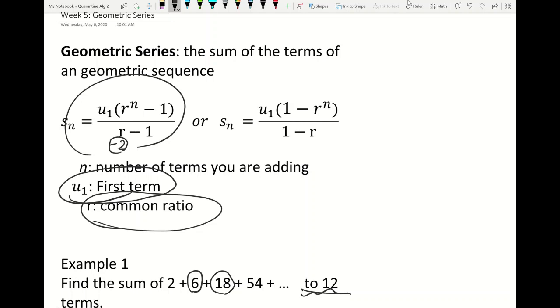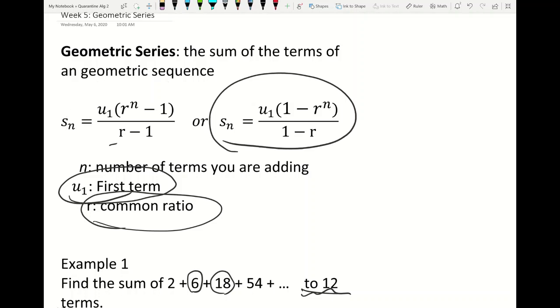You can still use this first formula. However, if you put -2 in the second formula, you get 1 minus -2, which is +3. And for that, I would rather have a +3, so I'm going to use the second formula this time.